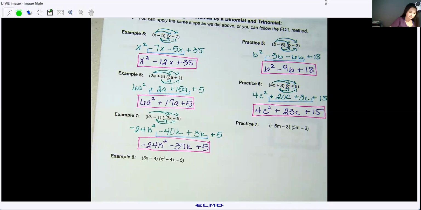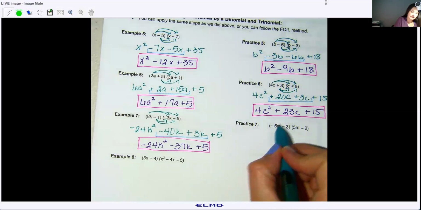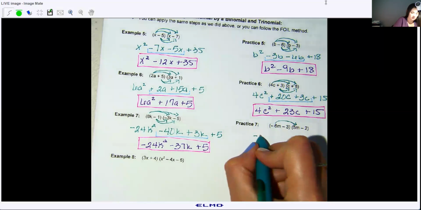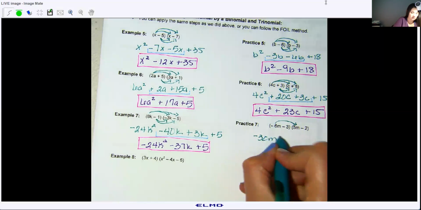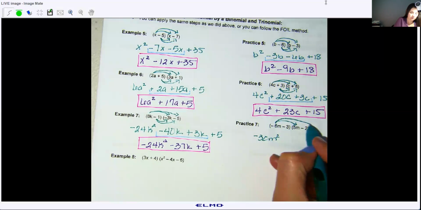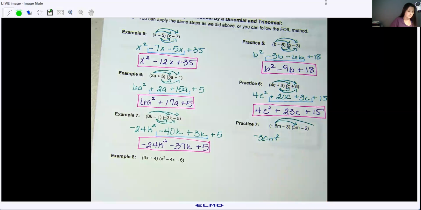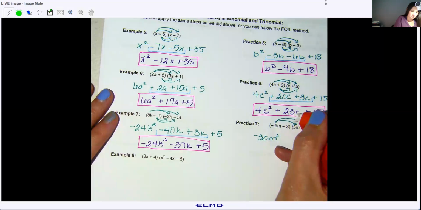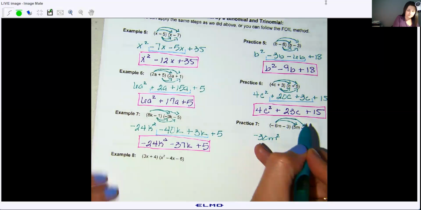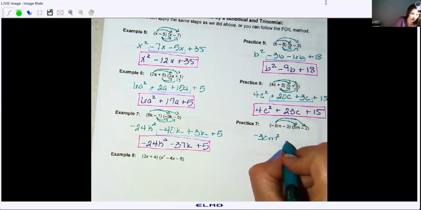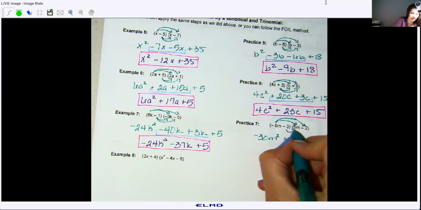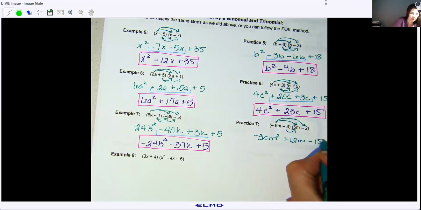Okay, here we go. Negative 6 times 5m is negative 30m squared. Negative 6 times negative 2. Ooh, I couldn't see where that arrow was going. Is a positive 12m. Negative 3 times 5 is minus 15m.